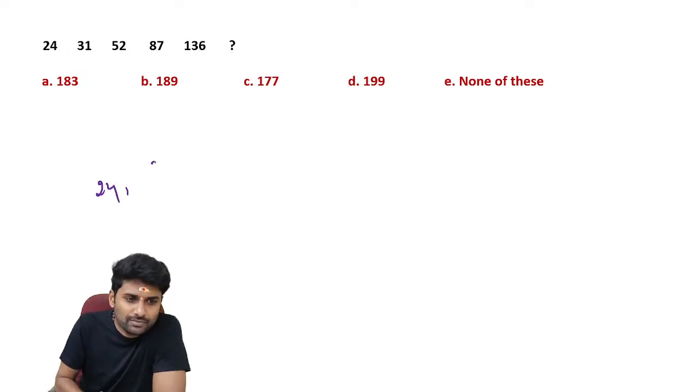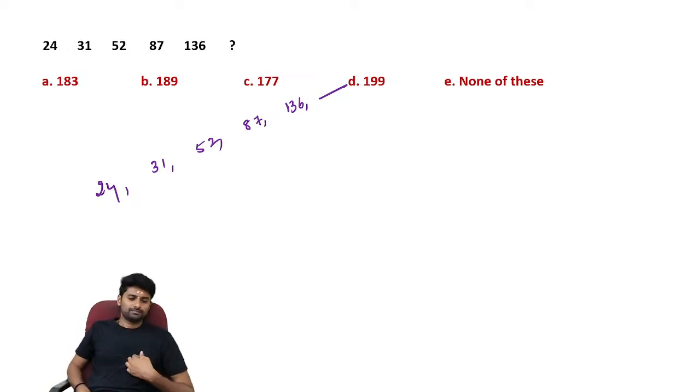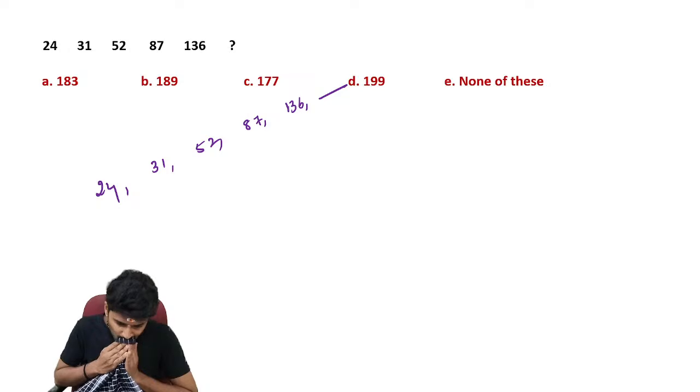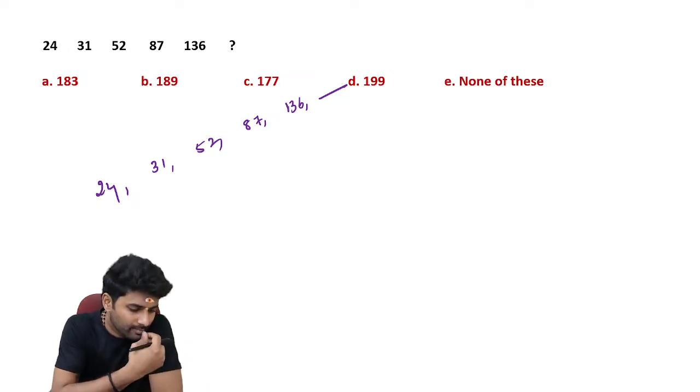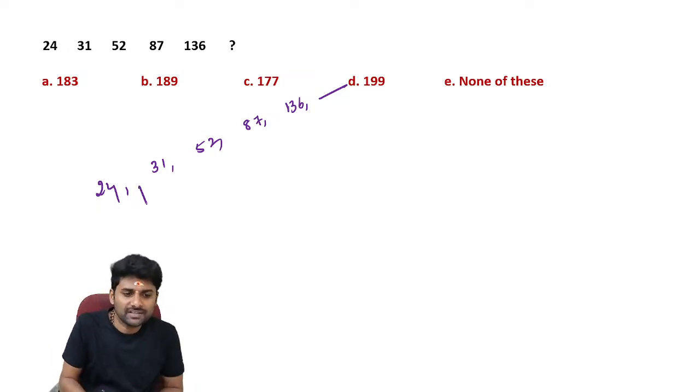Here the numbers 24, 31, 52, 87, 136. See, if all the numbers are nearer, just find the difference.